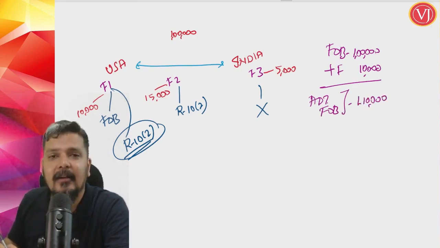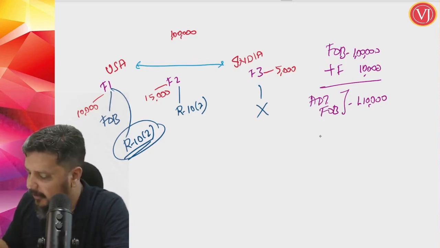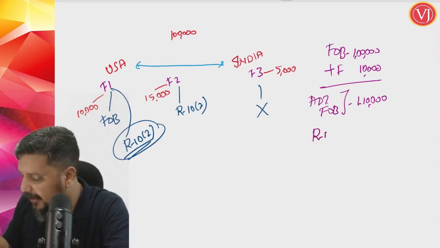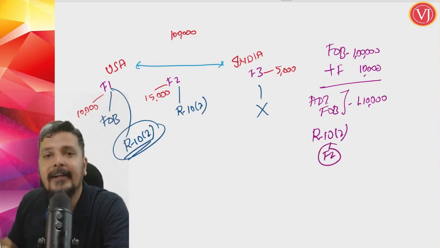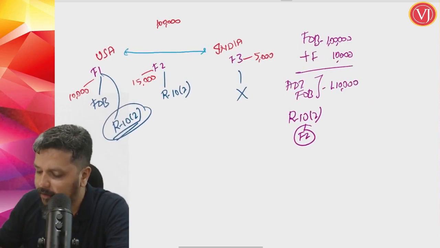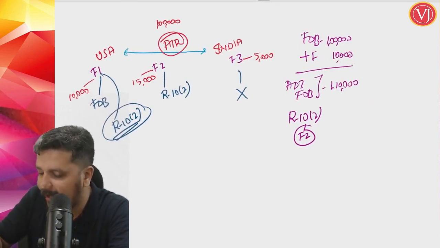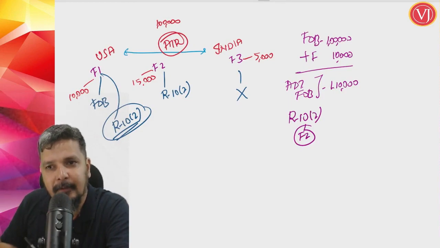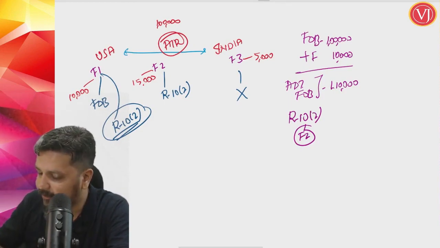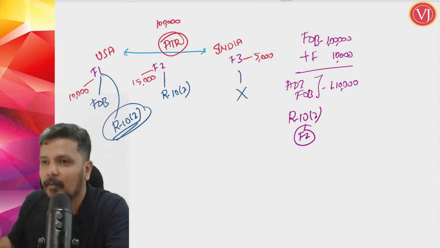Then your 10(2) freight should be only freight 2. Assume that this transportation is by way of air. What should be the answer?